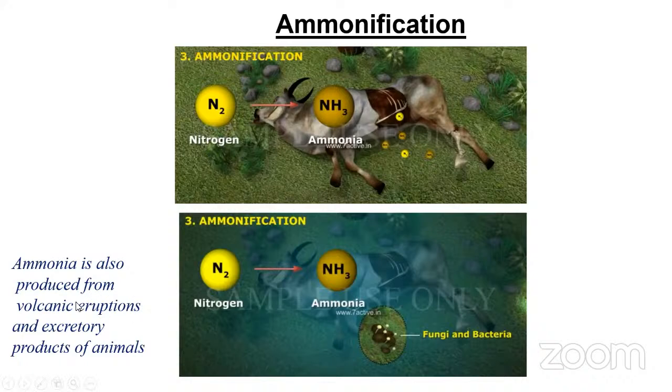Ammonia is also produced from volcanic eruptions and excretory products of animals. We have studied in our theory class that there are some animals which excrete ammonia.